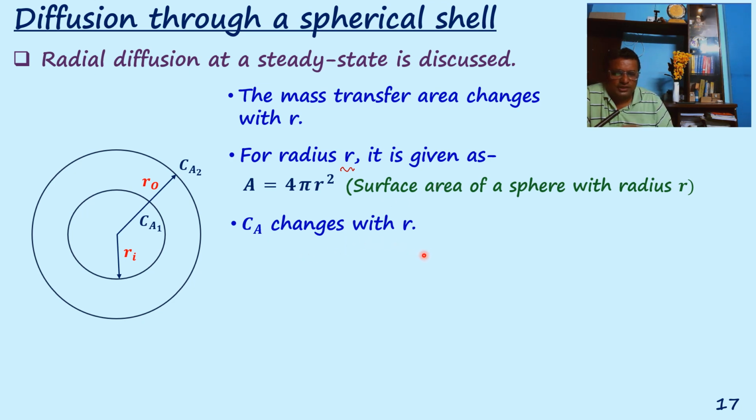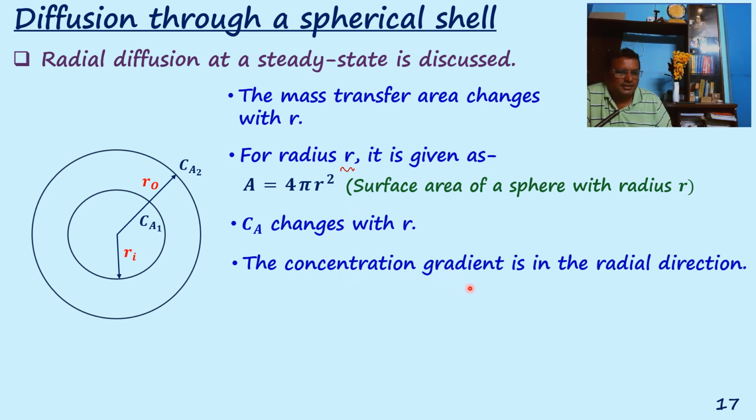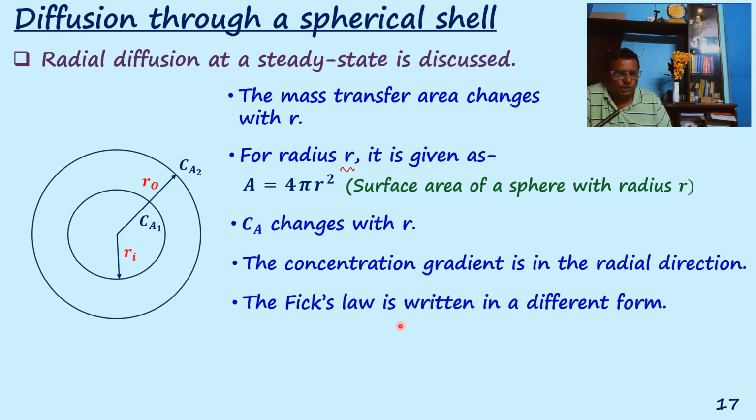Then CA is changing with r again. As you move from inner radius to outer radius, CA is going to change, or rather CA changes from CA1 to CA2. The concentration gradient again is in the radial direction. That means concentration is changing with r. So again, for this case also we need to write Fick's law in a different form.